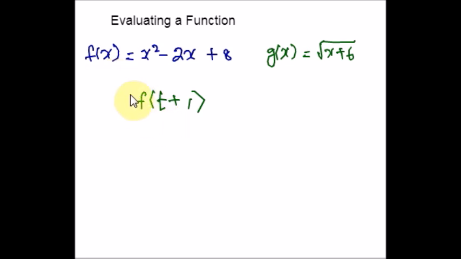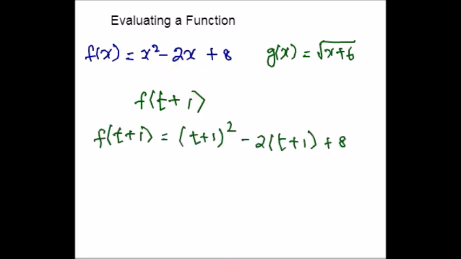And we will have some simplification to do as well after the substitution. Here you have replaced x by t plus 1. So the a plus b the whole square formula can be used here. Using that identity, you can expand this and then distribute here. So this will turn into t square plus 2t plus 1. And this will be negative 2t, negative 2 plus 8.